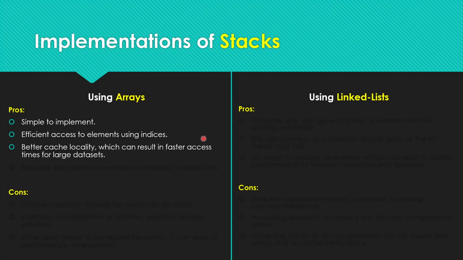You remember when we were learning about arrays, we said that this is an advantage because items are stored next to each other. So we don't have to move the memory head far away to get to the next item. But for linked lists, items are stored at random memory locations, so that does not provide a very favorable cache locality.